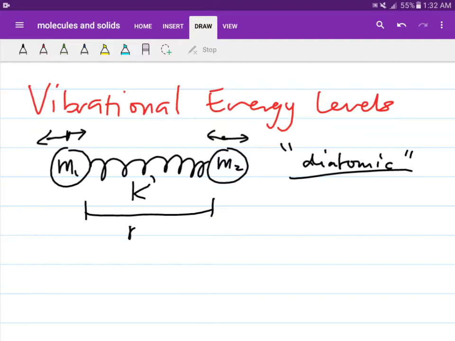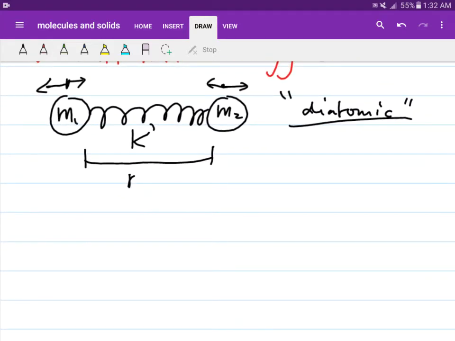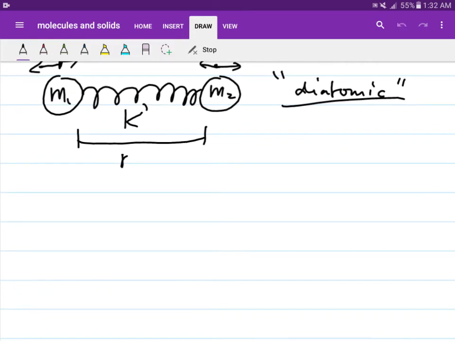So if you would recall the solution for the quantum mechanical harmonic oscillator, wherein the potential is actually modeled as springs, you will see that the vibrational energy levels for this molecule is given by n plus 1/2 h bar omega.